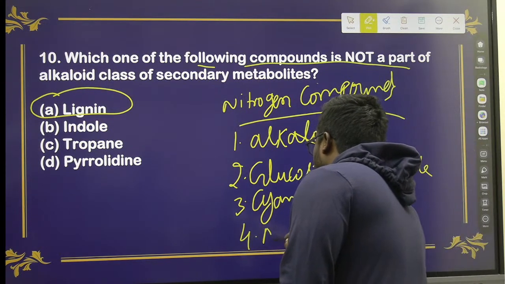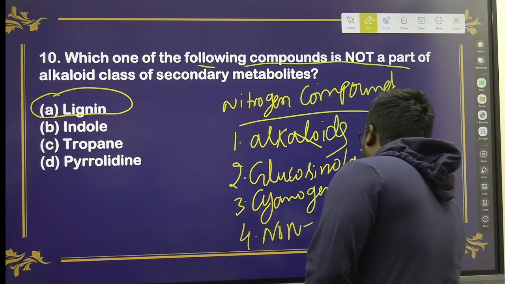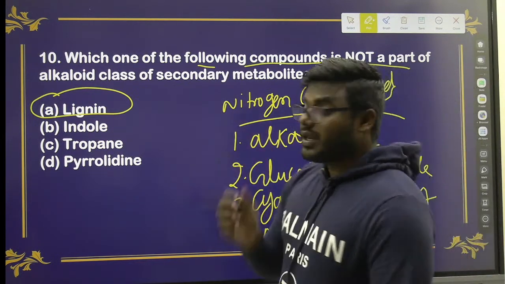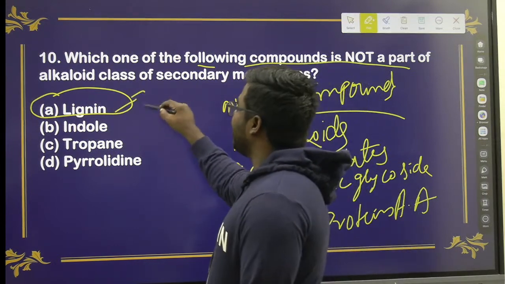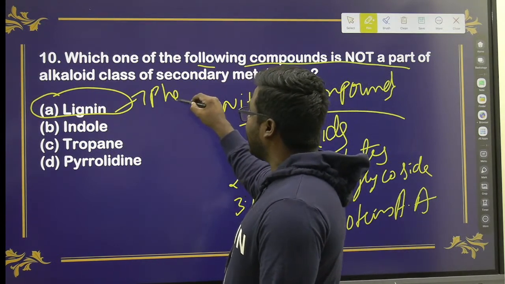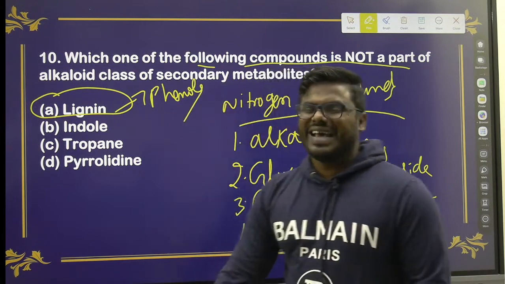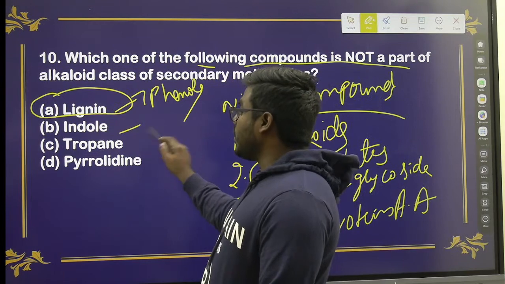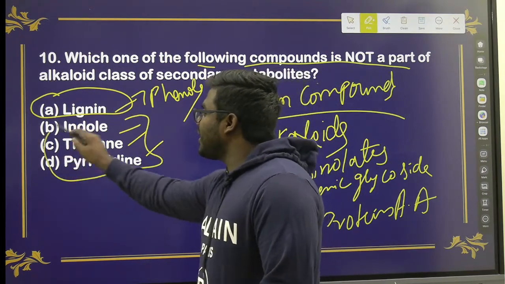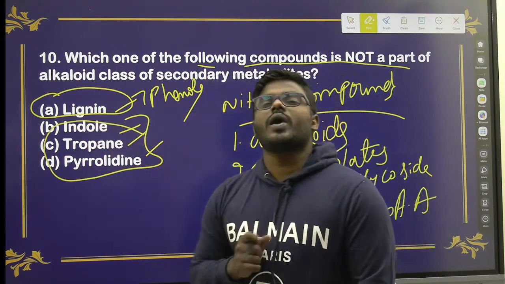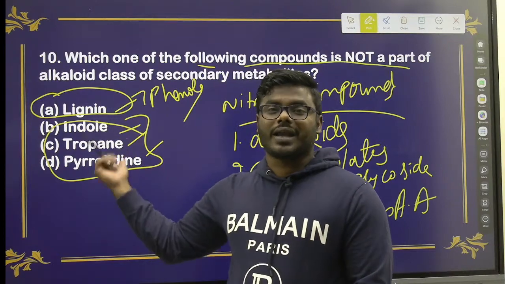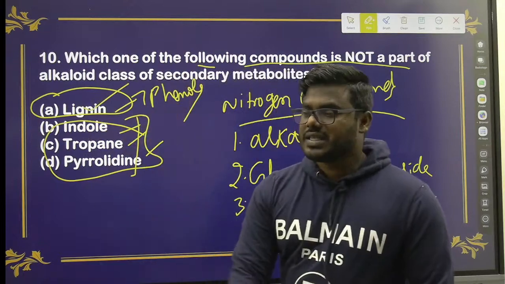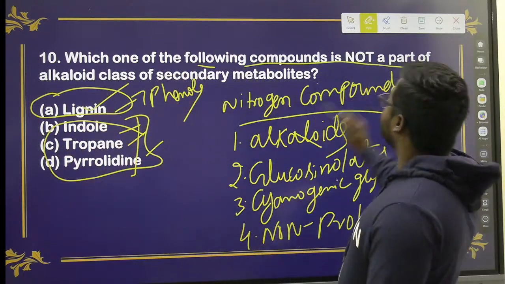Then the fourth one, non-protein amino acids. Correct? Now if you look into lignin, which category does it come under? Lignin comes under phenols. It's not a nitrogen containing compound, nor is it an alkaloid. Whereas indole, tropane, pyrrolidine, these are all giving rise to what? They give rise to atropine, codeine, and morphine. These are all alkaloids, but this is a phenol. Hence the correct answer will be A.